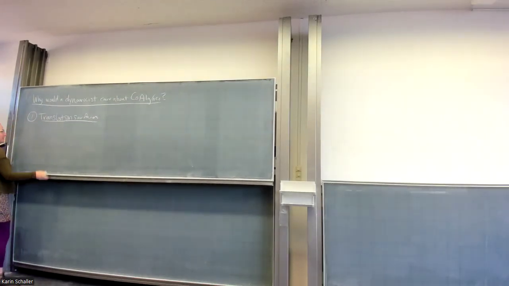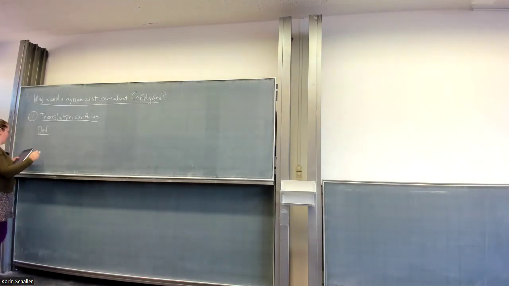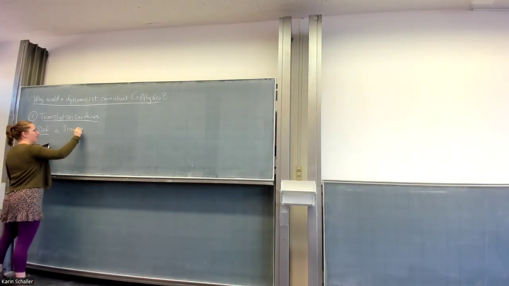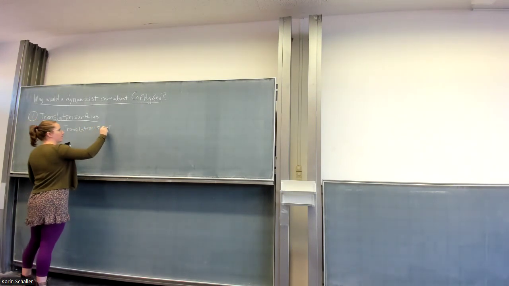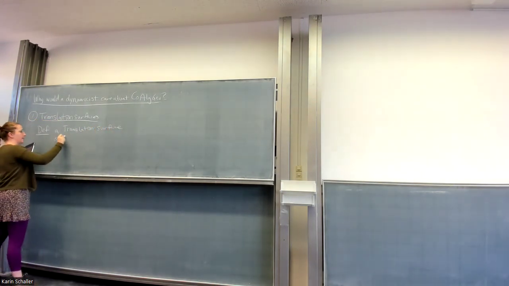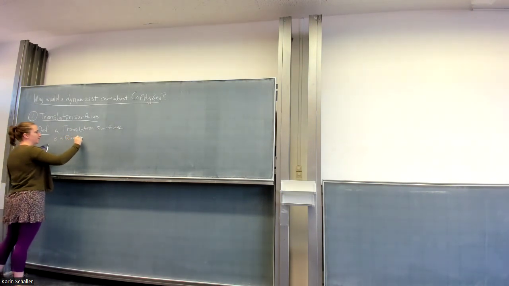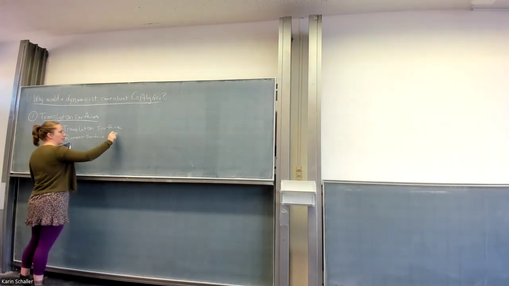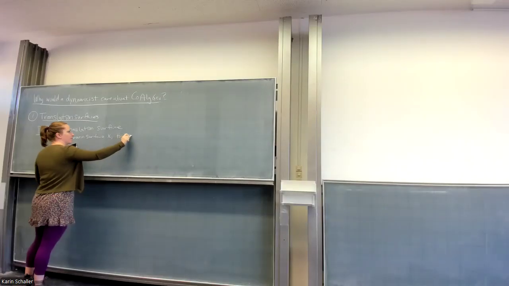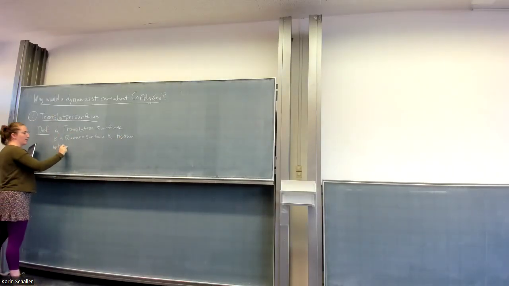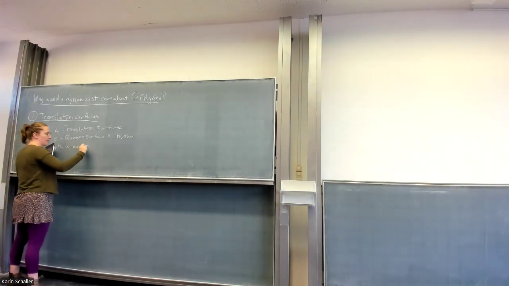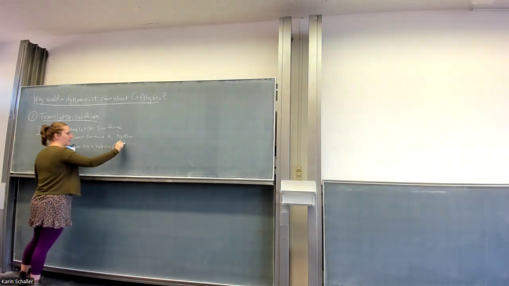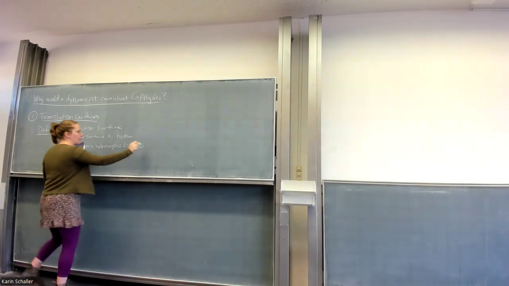Okay, so what is a translation surface? A translation surface is a surface X together with a non-zero holomorphic one form, which we're going to call omega.